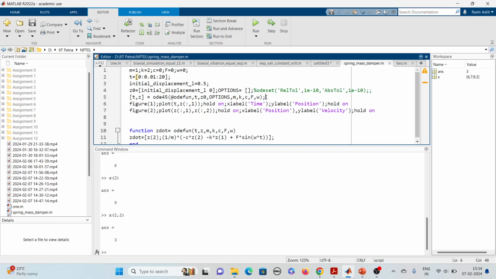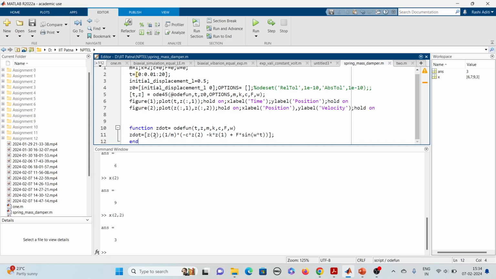It is also important to understand that since in this function I have used m, c, k, F, omega as variables, and I have not used numeric values. If I had used numeric values instead of these variables, firstly, I wouldn't have to define ODE fun in terms of these values.